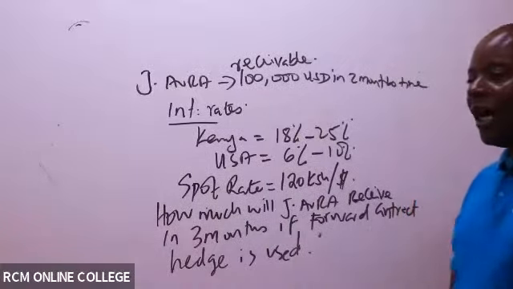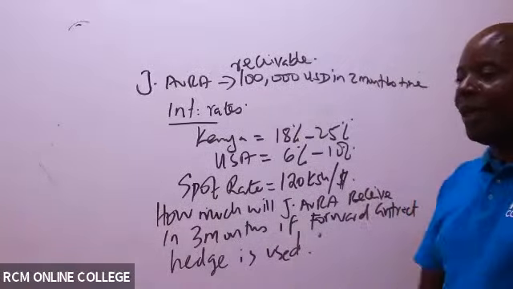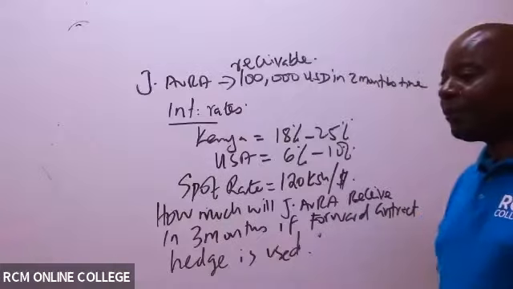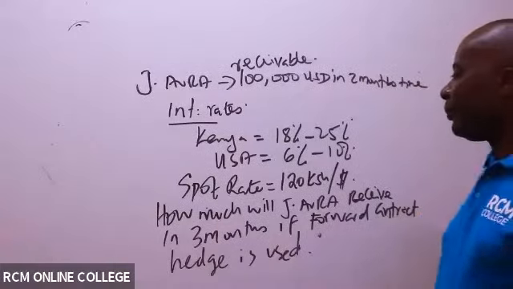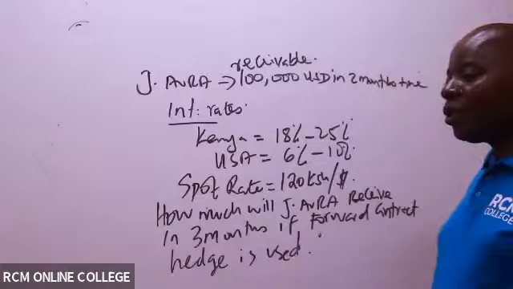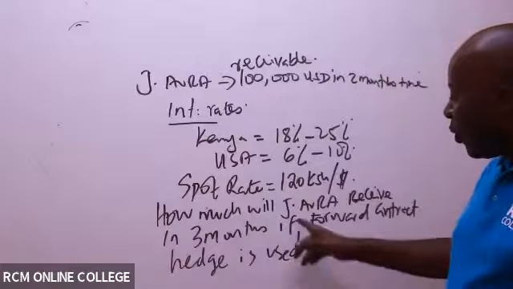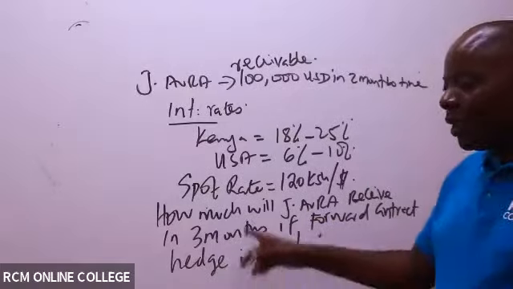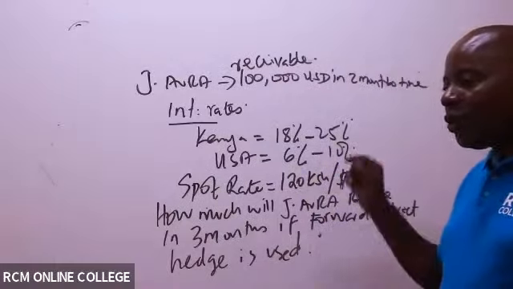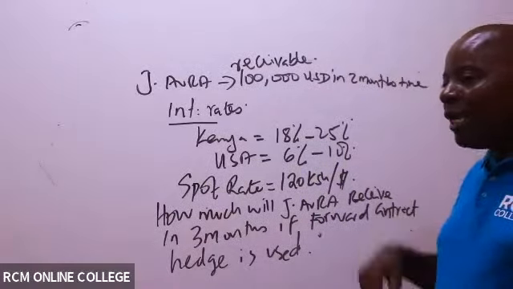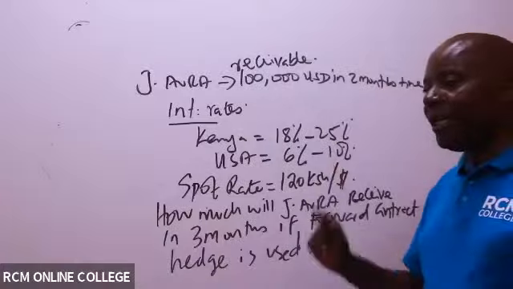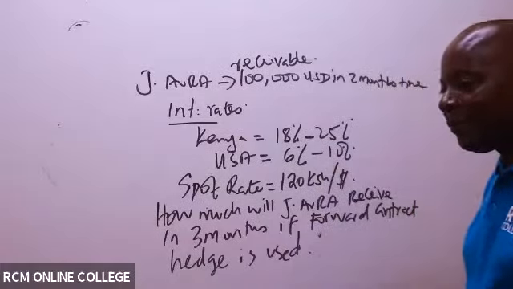We're using IRP. Before I answer Sister Salome's question, why has this lady thought of using IRP? Remember, forward has not been given here. So the very first thing we need to do is to calculate the 2 months forward using IRP.